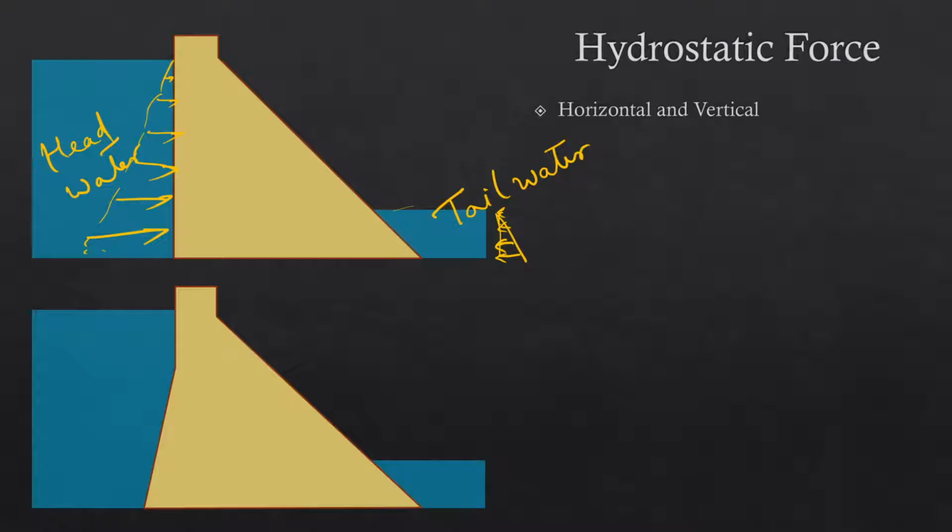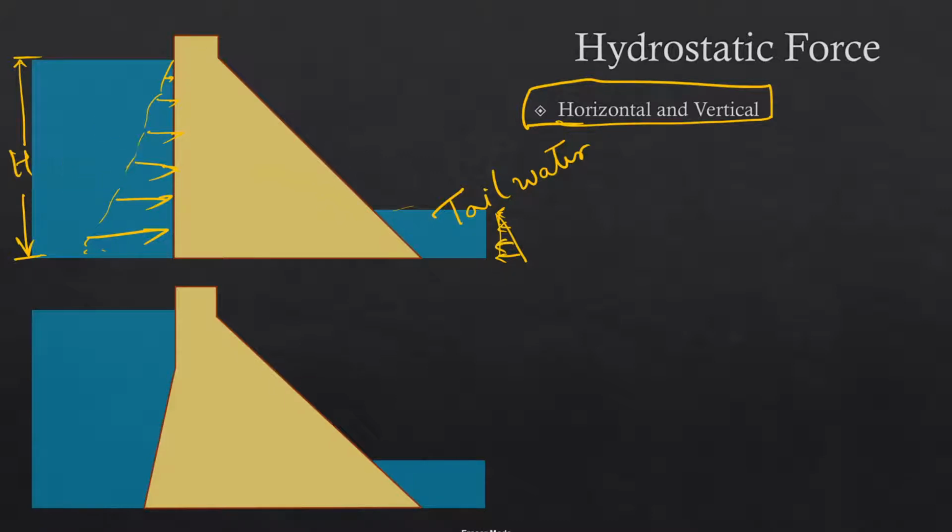And to calculate this force due to hydrostatic pressure, it's quite simple actually. So to calculate force due to headwater, we only need to know the height or depth of water in the upstream in the reservoir. Let's say it is capital H, and in the downstream, let's call it small h.